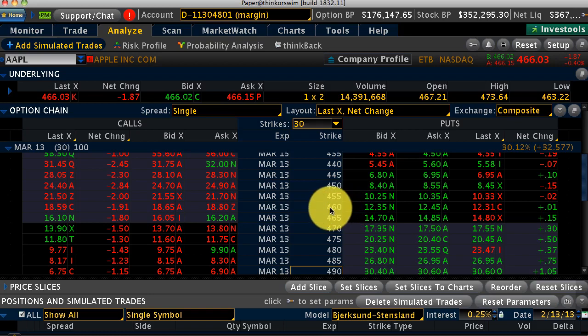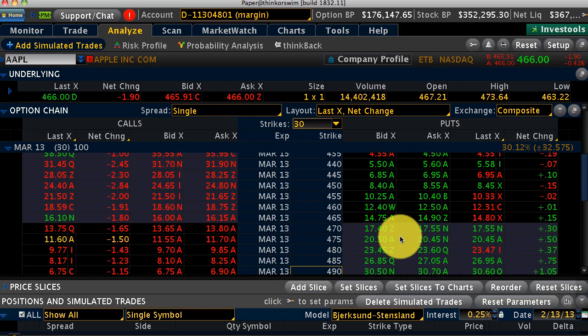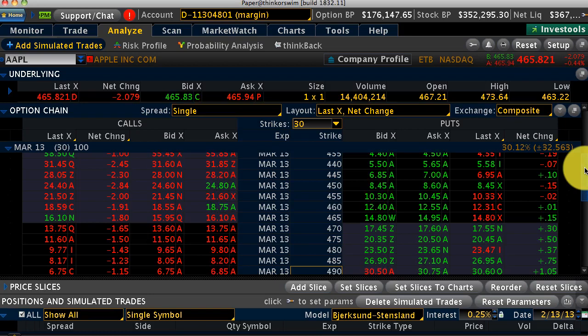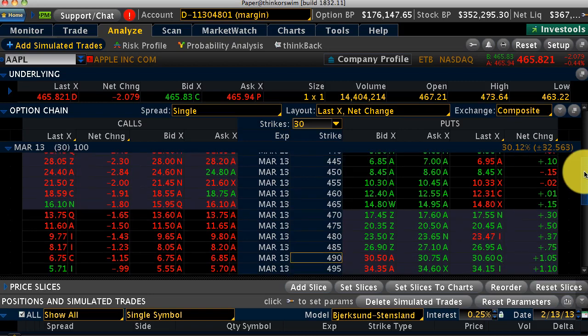The layout that thinkorswim has, I think, is the best. And even though it might be a little bit of a challenge trying to grasp this layout, it really is the best method to show calls and puts at the same time on a single screen. So this is as far as the layout is concerned.